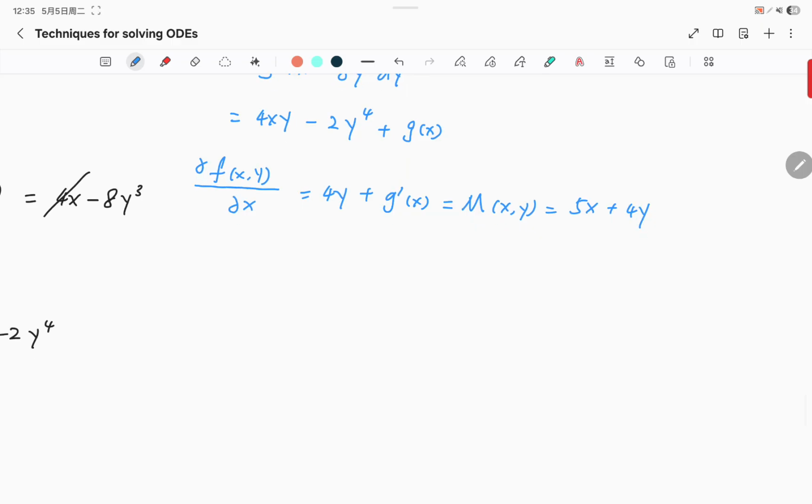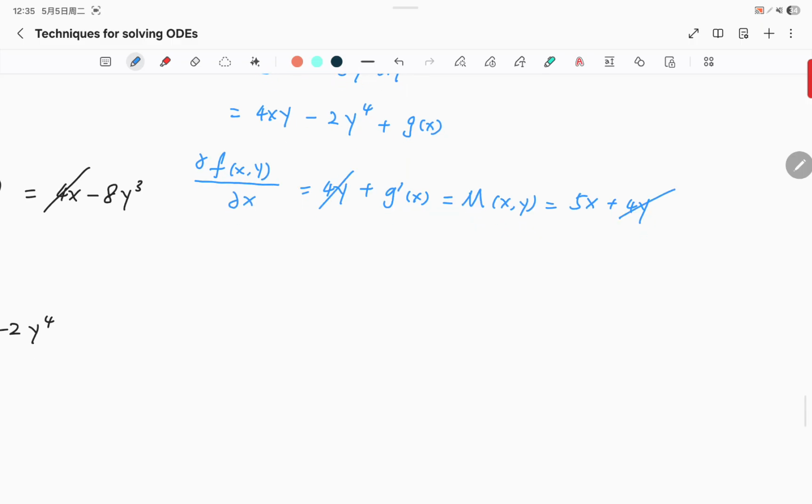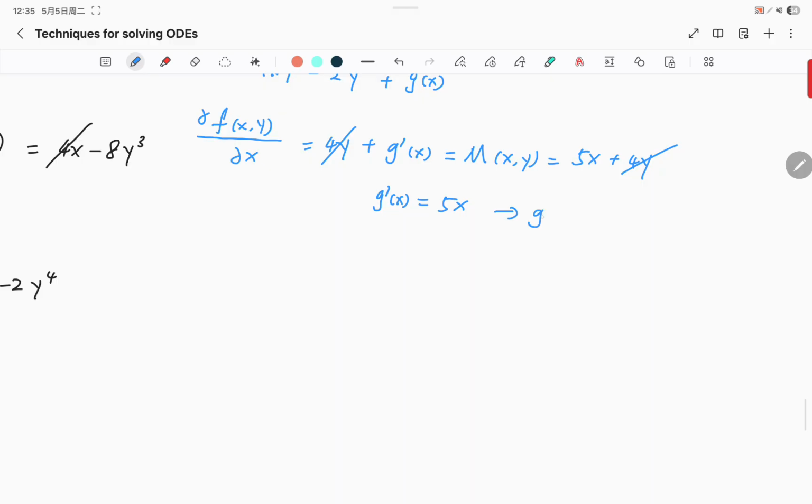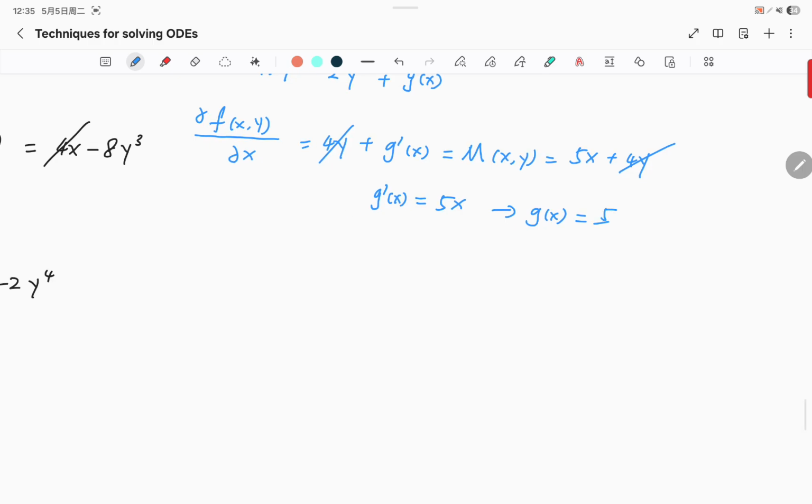That means 4y can cancel out. My g prime of x is just 5x, and my g of x, if you integrate this, got 5 over 2 x squared.